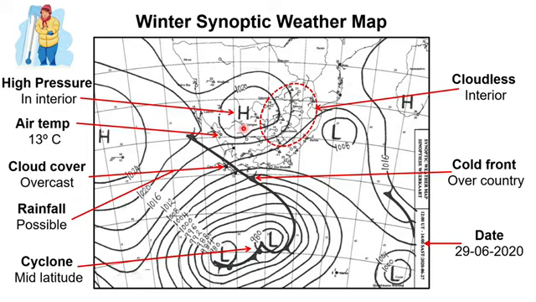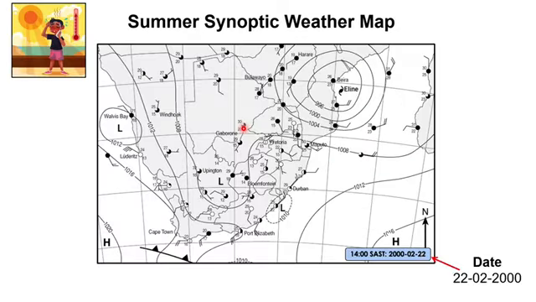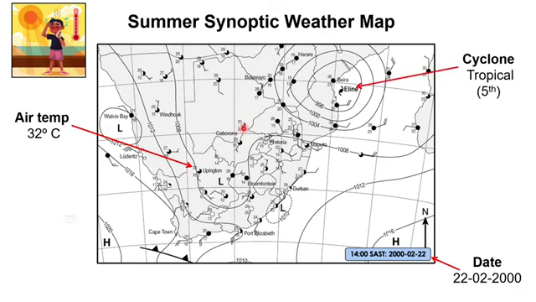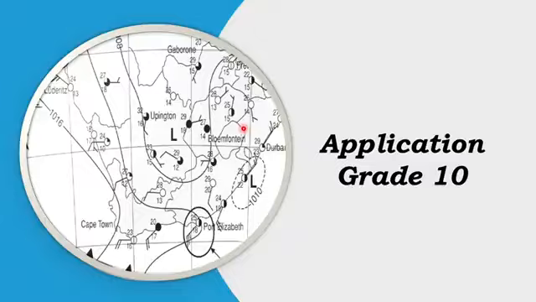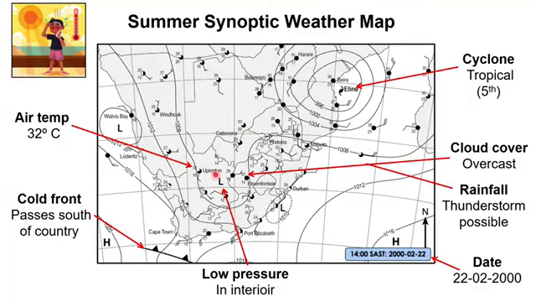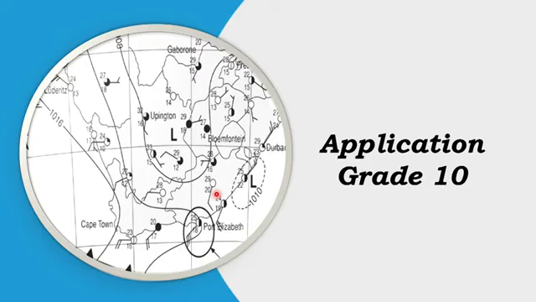I'm so sorry about that, but I'm glad we could clear it up immediately. And then with the summer synoptic weather map, we find that there is a low pressure. The low pressure, this is the heat low that is found over the interior of South Africa.